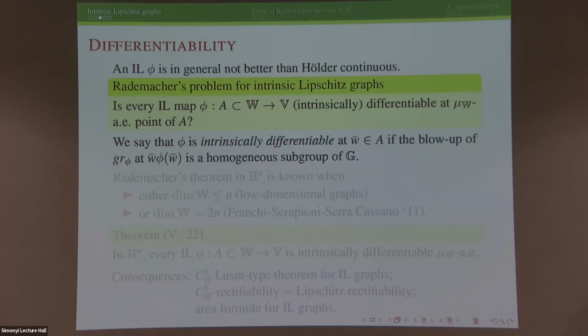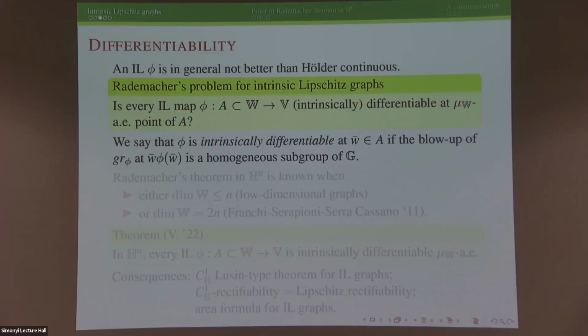So what we are doing is picking our point on the graph, moving it to the origin, dilating the object, and we hope that under this blow-up everything converges locally uniformly to the graph of a map parametrizing some homogeneous subgroup, which is what replaces planes in this theory.